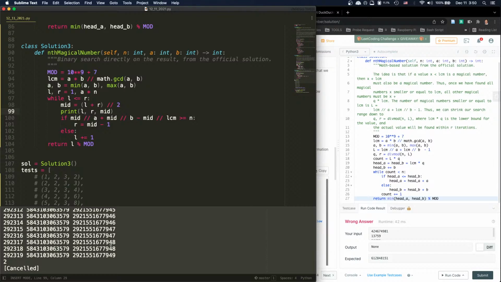No, it is changing, right? It's left, right, and mid. Holy guacamole, they're just left and right. The difference is too big. Oh, left.